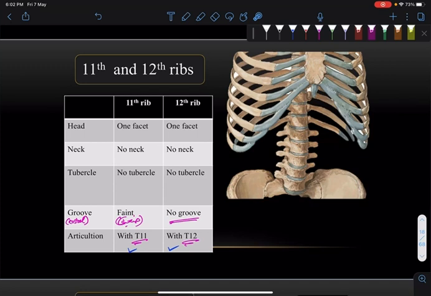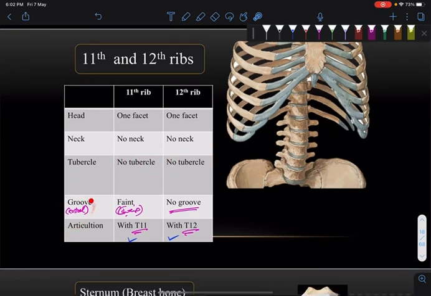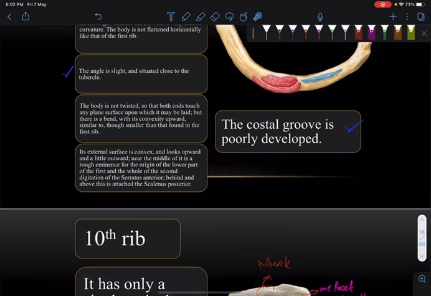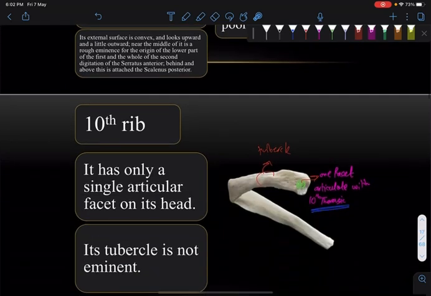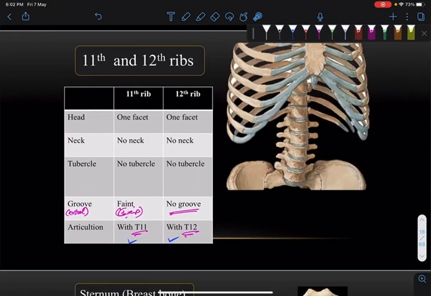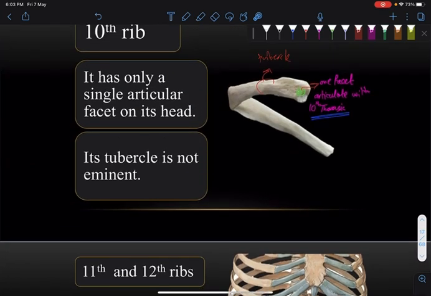No neck ما في neck عند ال 11 وعند 12. Tubercle no tubercle. Okay. الجروف الكوستال جروف عند ال 11 poorly developed في faint ضعيف، بس يعني في شوية eminence ما في كثير يعني ما بيساعد. No groove هون فيش groove اصلا عند 12. Okay, no groove.